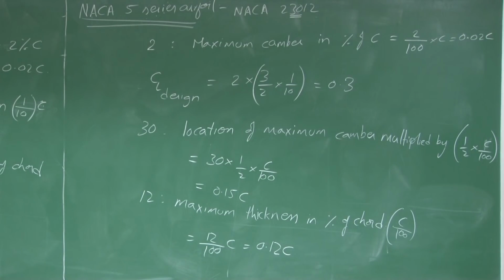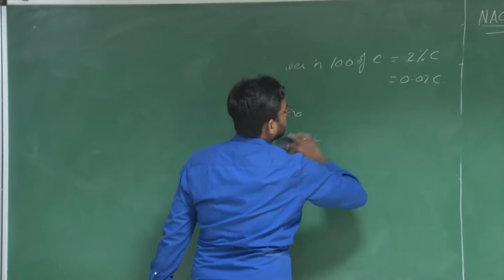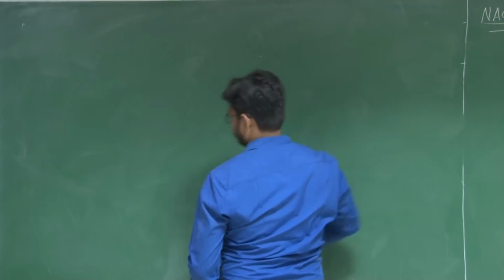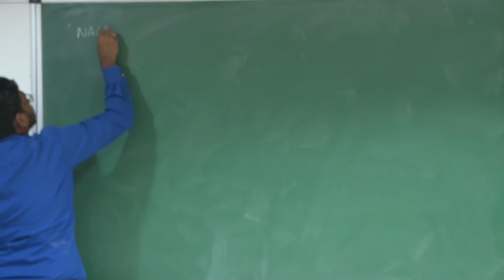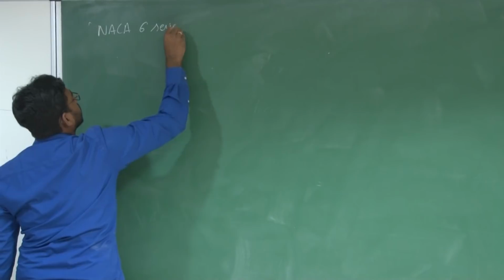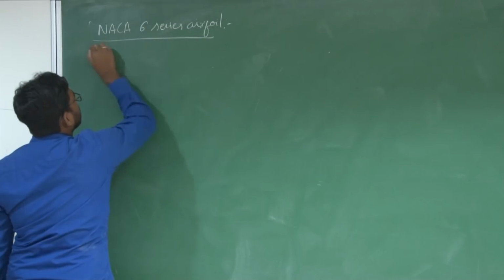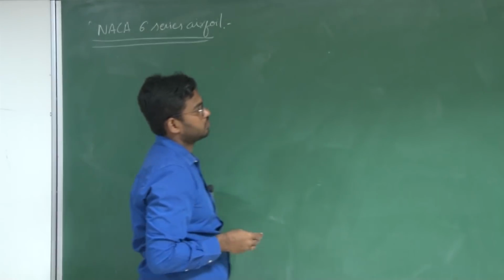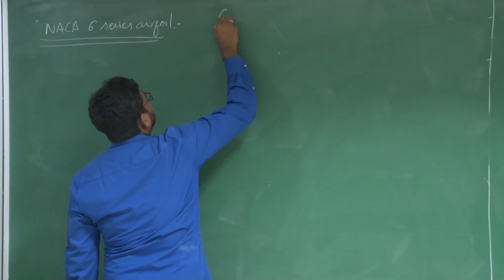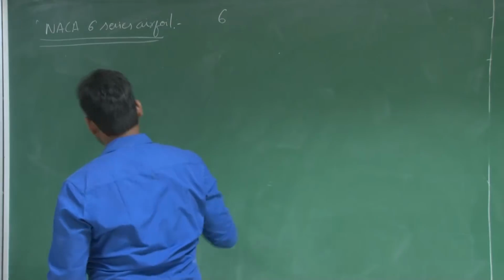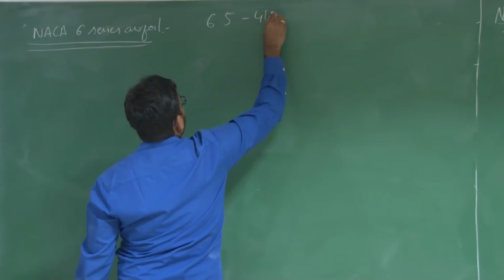Now there is another series called the 6 series airfoil, also known as the laminar series airfoil. So an example is 65418.